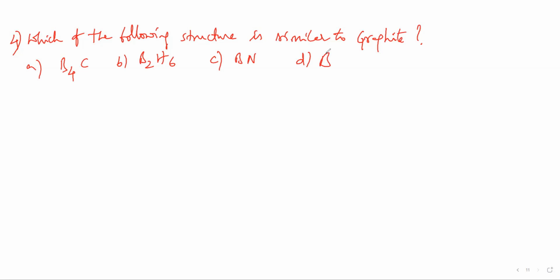Which is having similar structure to graphite? Okay, the answer is boron nitride, because boron nitride is known as inorganic graphite.